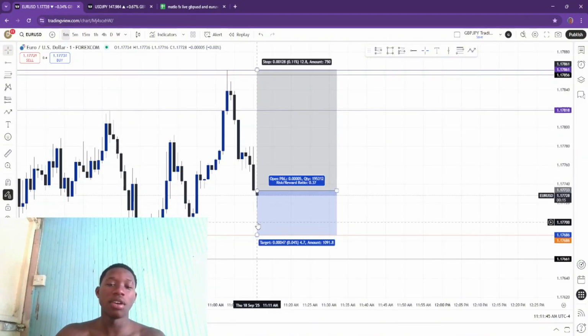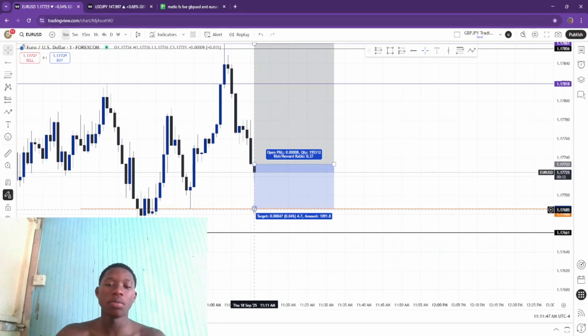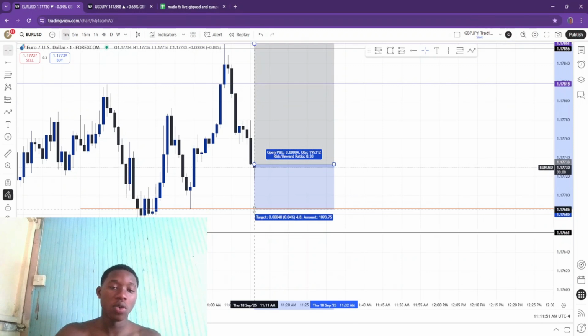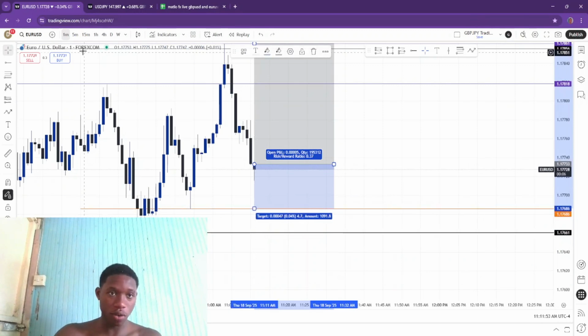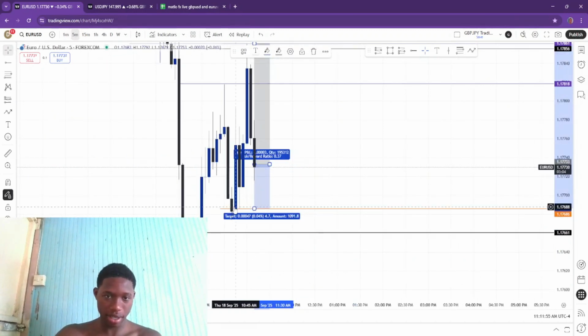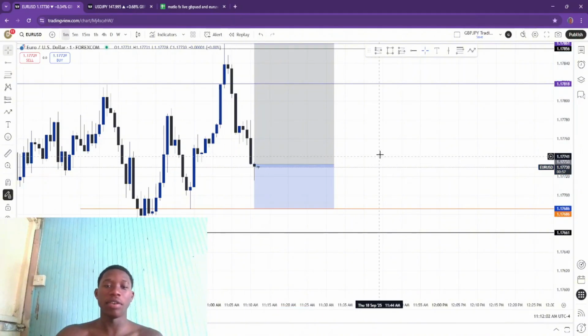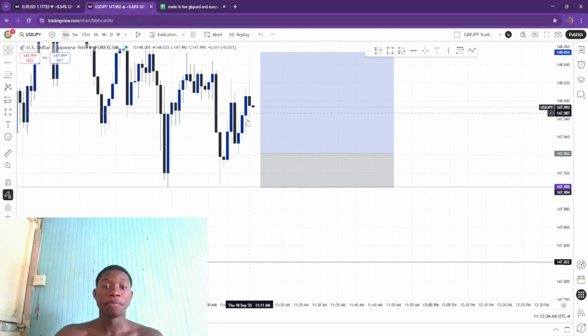And then our take profit would be a 1-to-1, but I don't think it will touch a 1-to-1. Why? Because you have a 5 minute low right there. That's a huge point of liquidity. Usually when price sweeps liquidity, it goes the opposite direction. But let's see how it plays out.